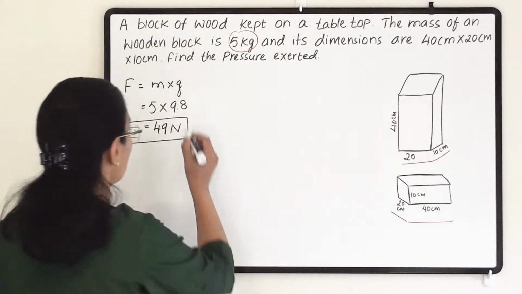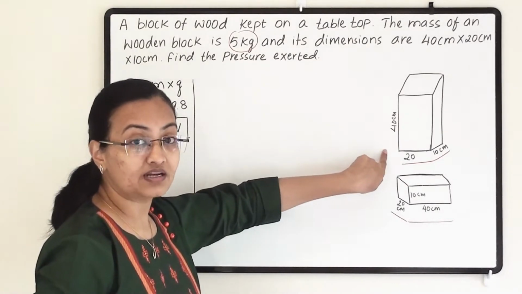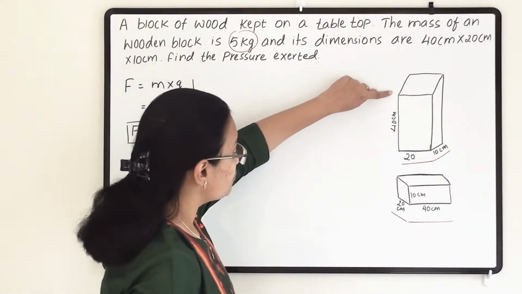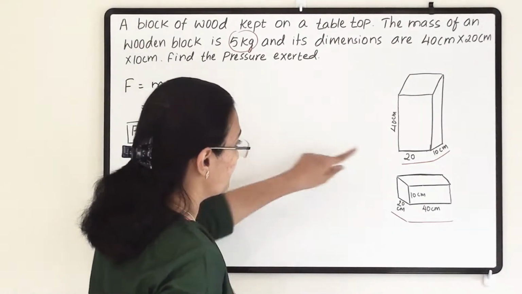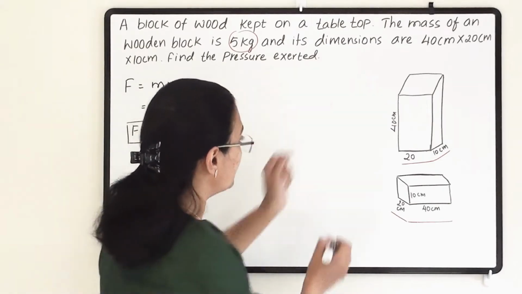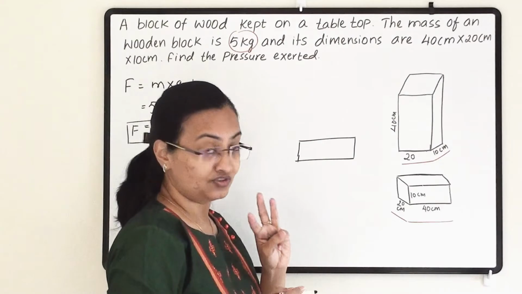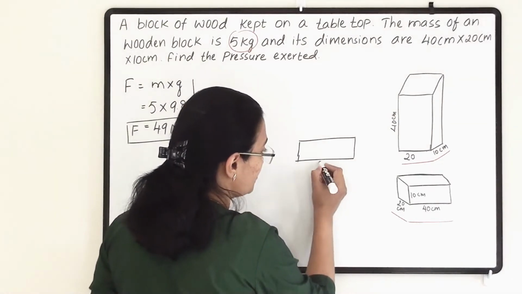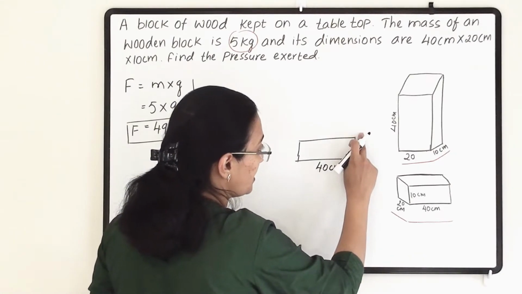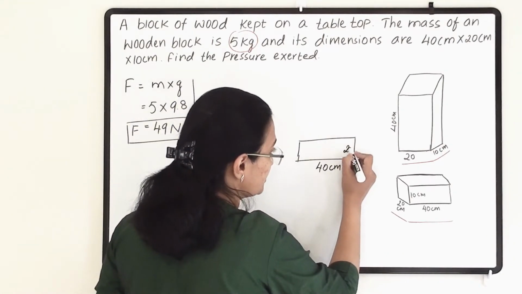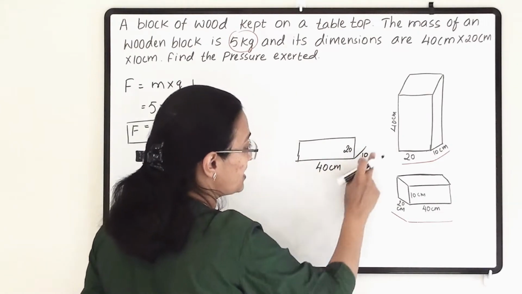Now we have to find out how much area it is covering in both situations. First, when we keep it vertically, the dimensions are 40 by 20 into 10. This block is a rectangular block with three sides. The side with the maximum length is 40 centimeter, this is the width, 20, and this is the breadth, 10.